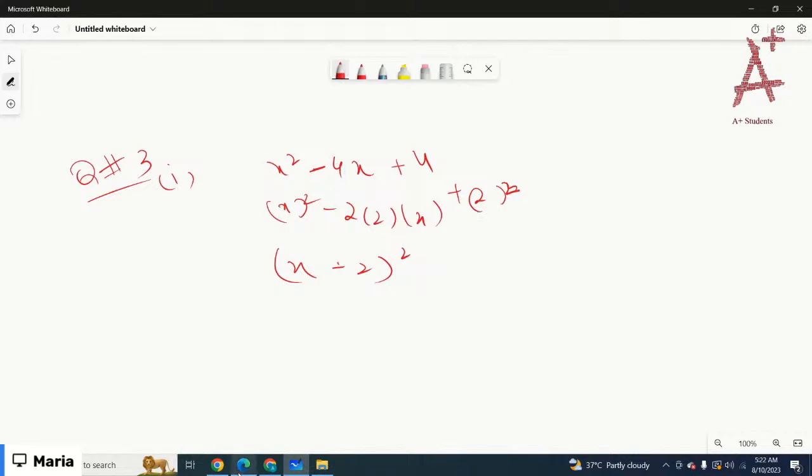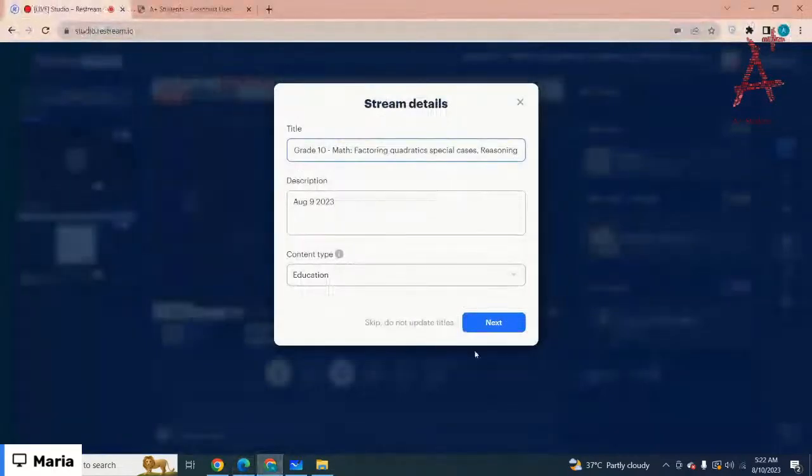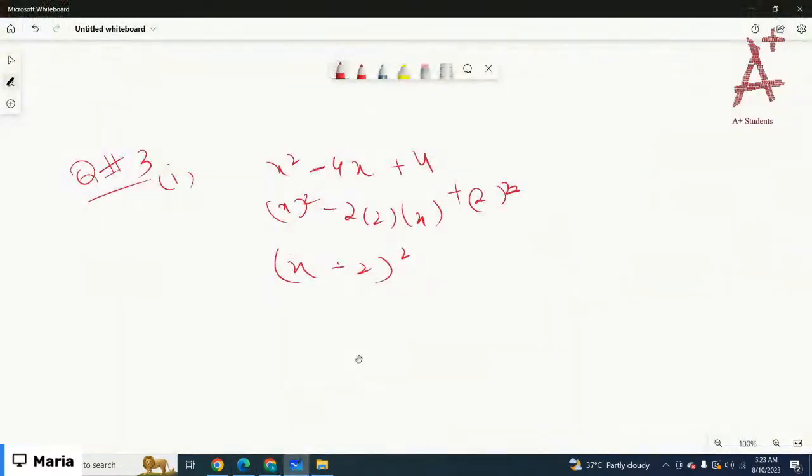expressions. The next one is a trinomial of the form ax squared plus bx plus c. You have to write down the equation like this: ax squared plus bx plus 6.